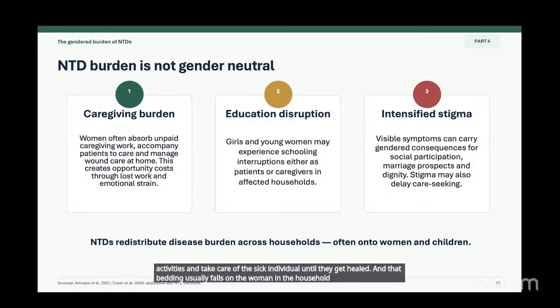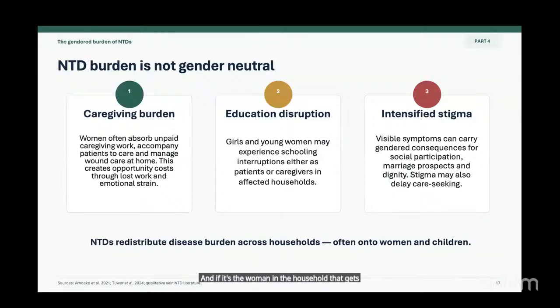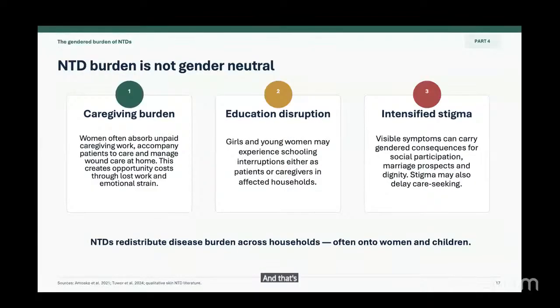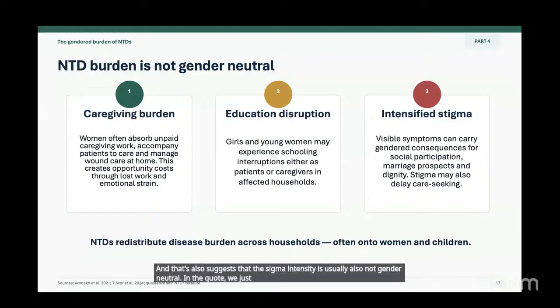And if it's the woman in the household that gets sick, sometimes the children, if there's a younger girl, or other women in the household, then they have the responsibility to take care and absorb the indirect cost that comes with it. And that also suggests that the stigma intensity is usually also not gender neutral. In the quote we just saw, it's a man complaining about his wife leaving him because he had this condition.